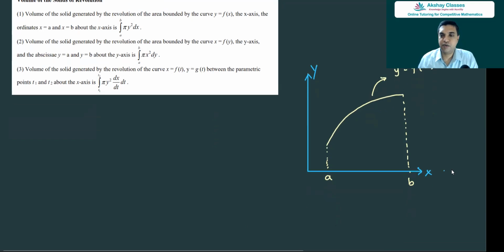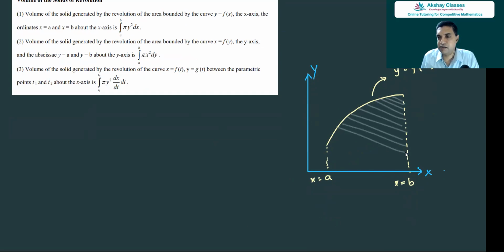Now this x equal to a and x equal to b. Now this is the shaded area. Now this area is revolved. This shaded area is revolved about the x-axis like this, whole revolution. So what happens if we do that?